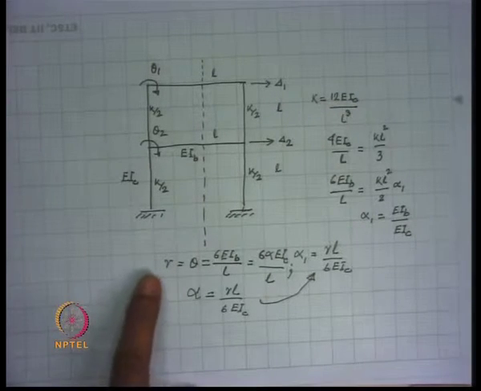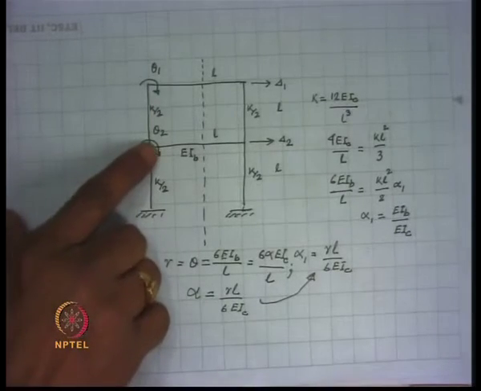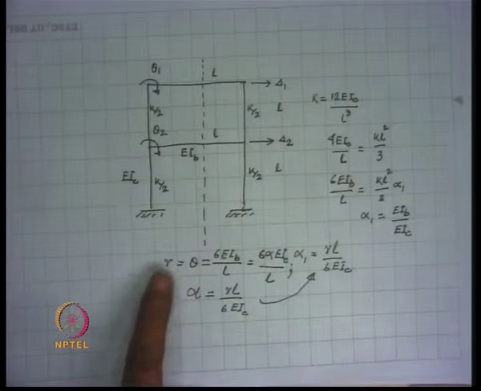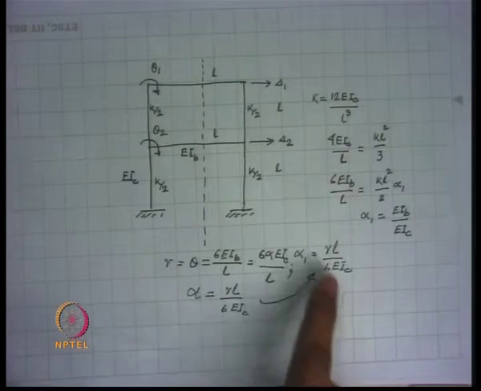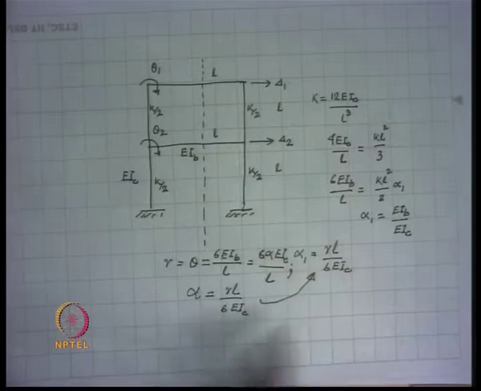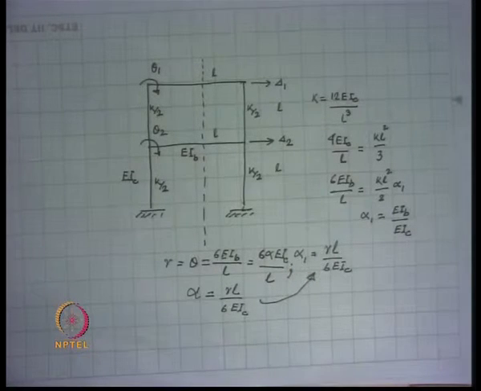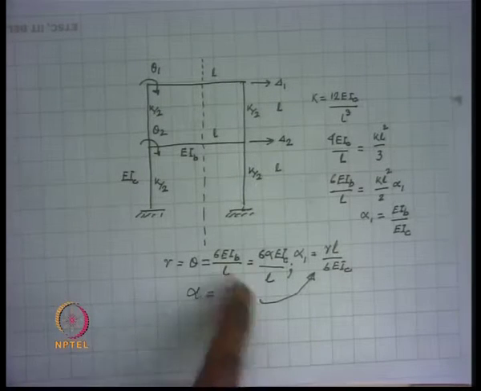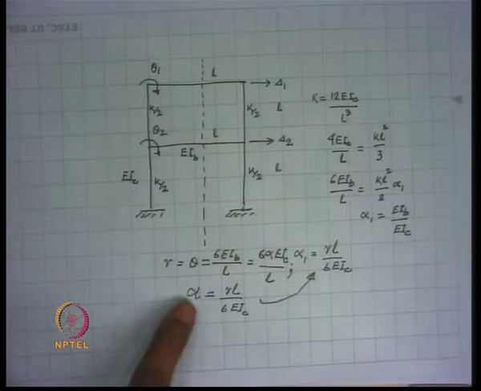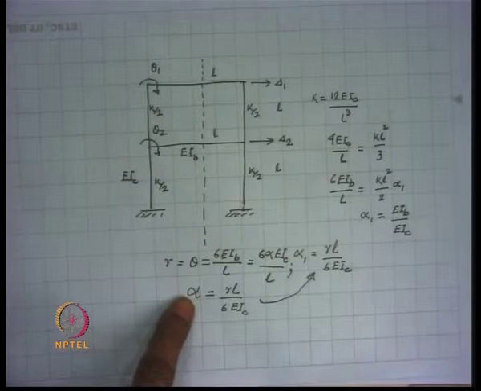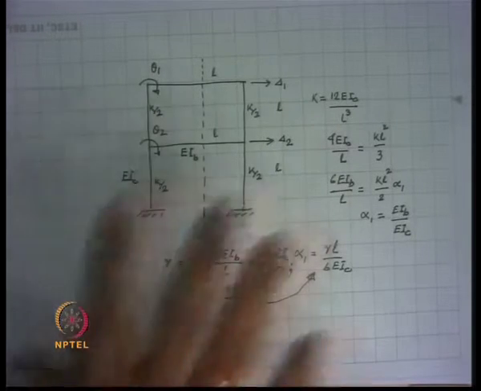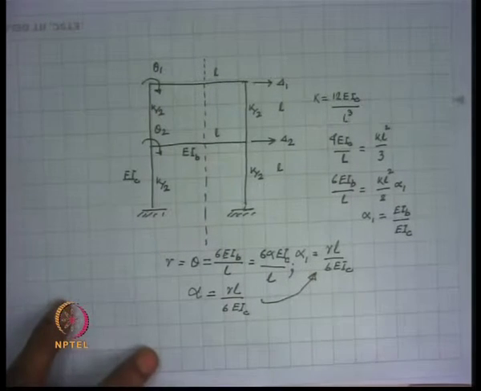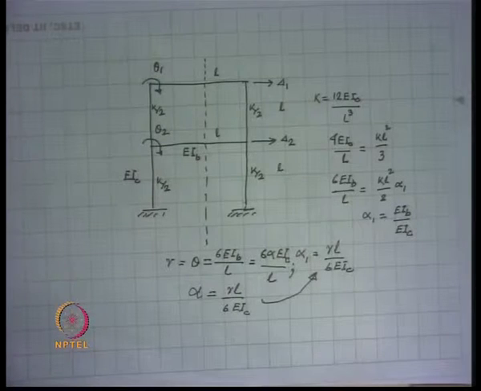We calculate the rotations at these particular ends after the yielding, and once we get the rotations, the value of alpha can be computed with the help of this relationship or this equation, and once we get the value of alpha, then we write down the stiffness matrix of the system in terms of alpha, which I will show you.